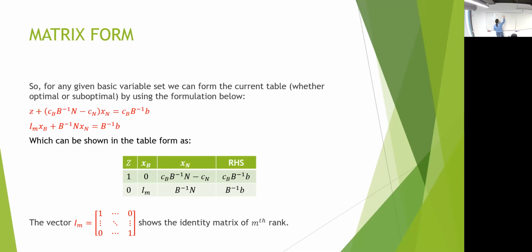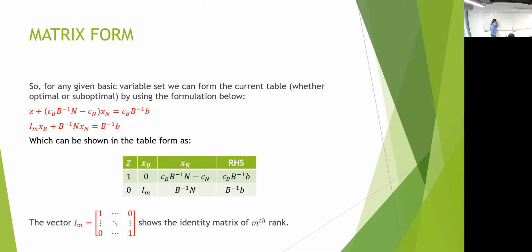Max is equal to 5x1 plus 2x plus 3x3, subject to 2x1 plus 3x2 minus 4x3 less than or equal to 10, and x1 minus 2x2 plus 3x3 less than or equal to 12.